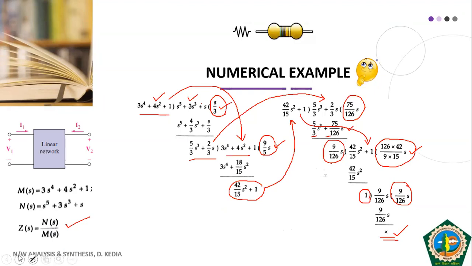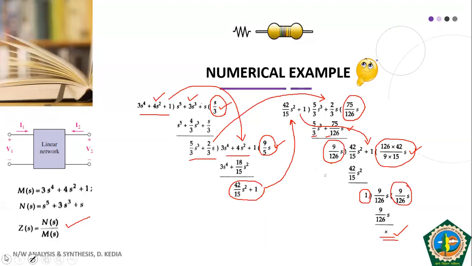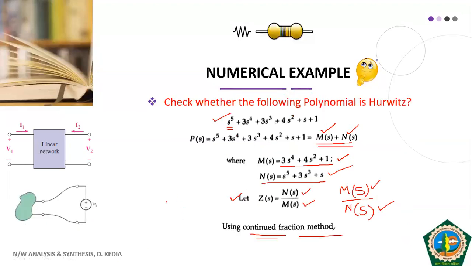Now let us move to the next numerical, where we will have another case. Now here, if you see in the previous numerical, and in fact the other numericals also that we discussed in the last class, we had all the terms present. Here also you can see 5 power, 4 power, 3 power, 2, 1 and 0, all the terms are present.